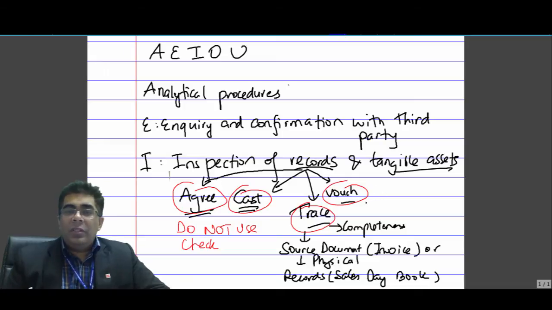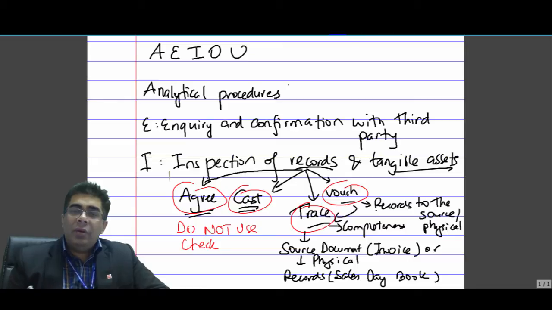Right? Vouch is the opposite of trace. Now what do you mean by opposite? Opposite means it's from the records to the source, or physical. When you're doing that, you are normally trying to prove existence.